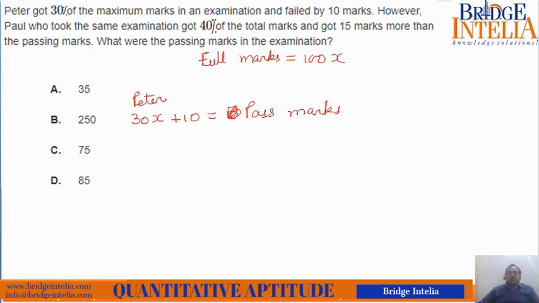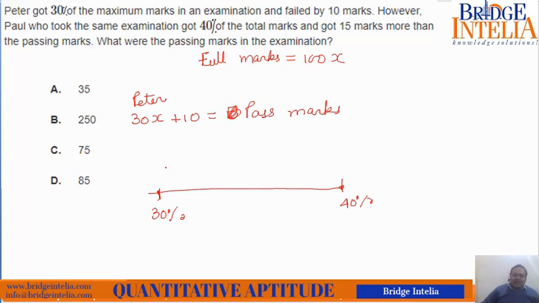So what is being said about Paul? Paul, who took the same examination, got 40% of the total marks and got 15 marks more than the passing marks. So the easiest way to visualize this: one person is scoring 30%, the other is scoring 40%.